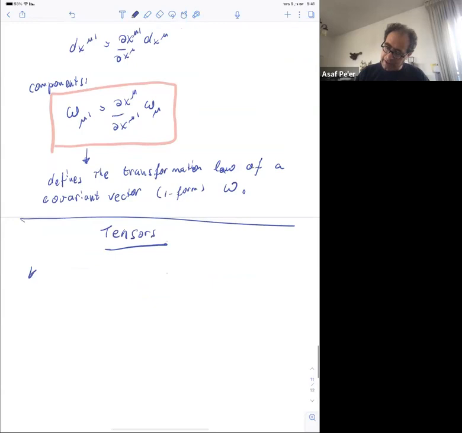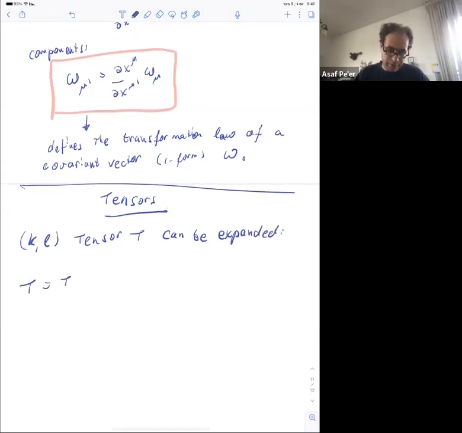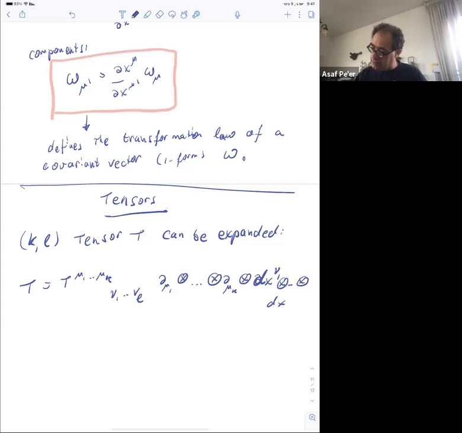So if we talk about the k l tensor, we can expand it as T with mu1 to mu k upper and nu1 to nu l lower, and then the basis, where we use this symbol, the tensor product: d over dx mu1, and so on up to mu k, and then dx nu1, up to dx nu l.